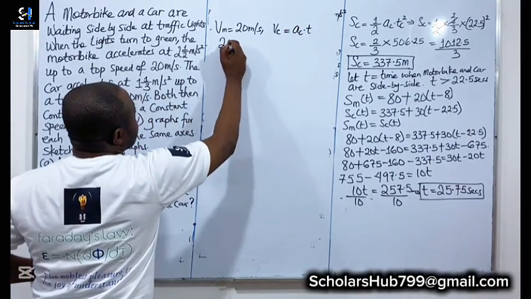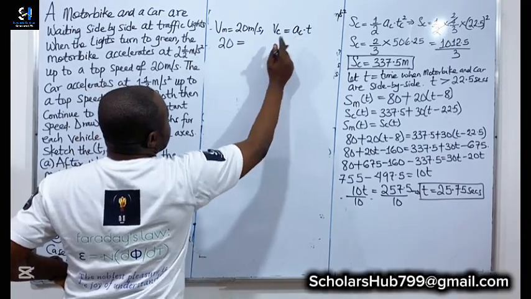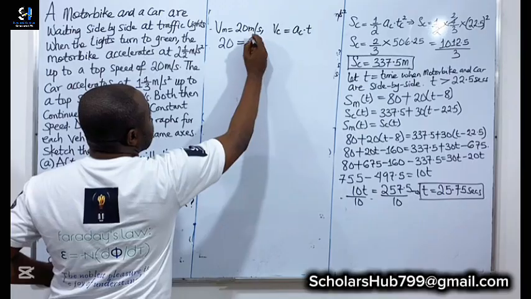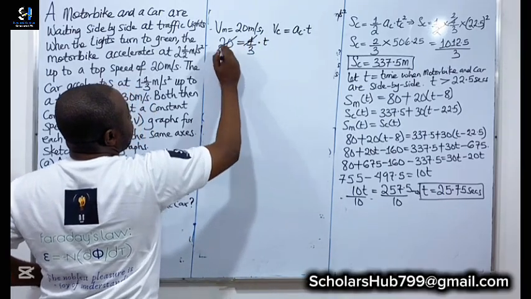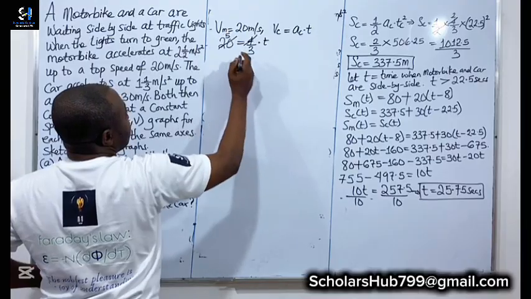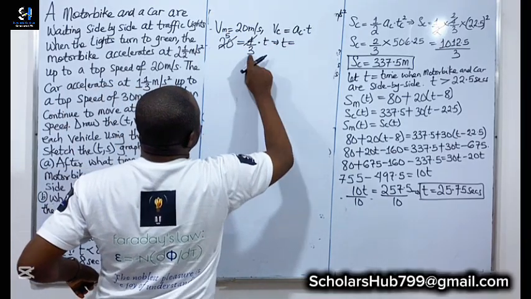So the velocity of the motorbike equals this: the acceleration is 4/3 multiplied by time t. If I divide both sides by 4, this will be 5, so t will be equal to 3 times.